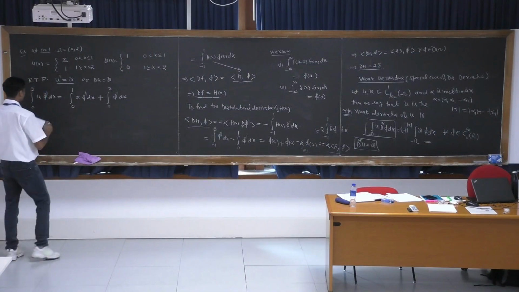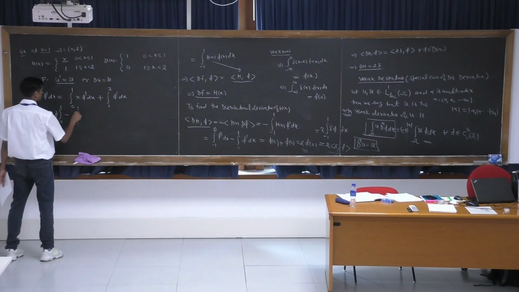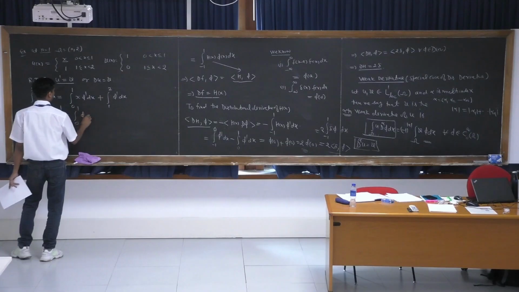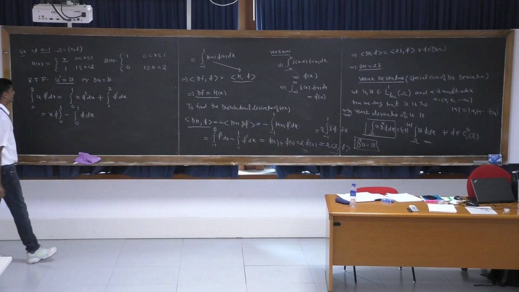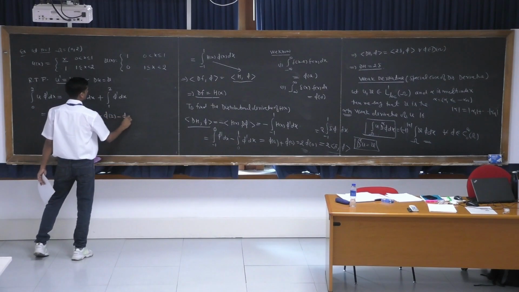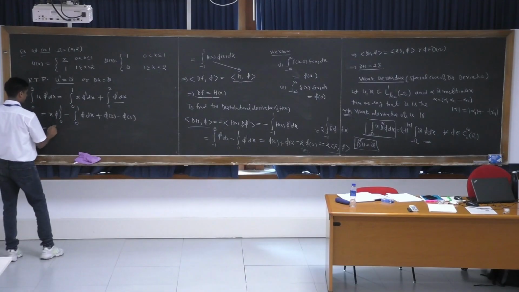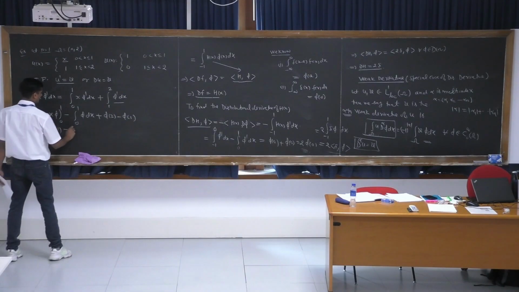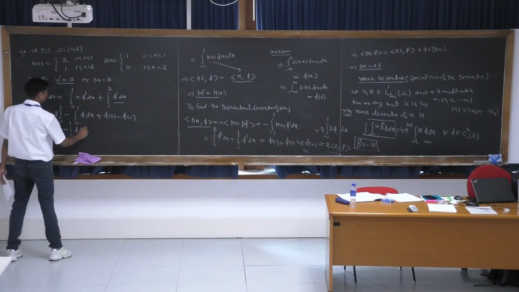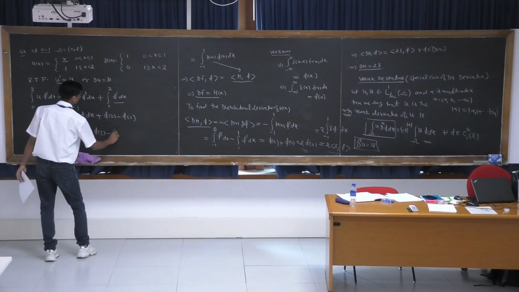But here, integration by parts, so first is the integration of this function from 0 to 1, minus the integral from 0 to 1 of phi dx, so plus phi of 2 minus phi of 1. When you put this limit, this will give phi of 1 minus the integral of phi dx, because at 0 this is 0, and plus phi of 2 minus phi of 1.